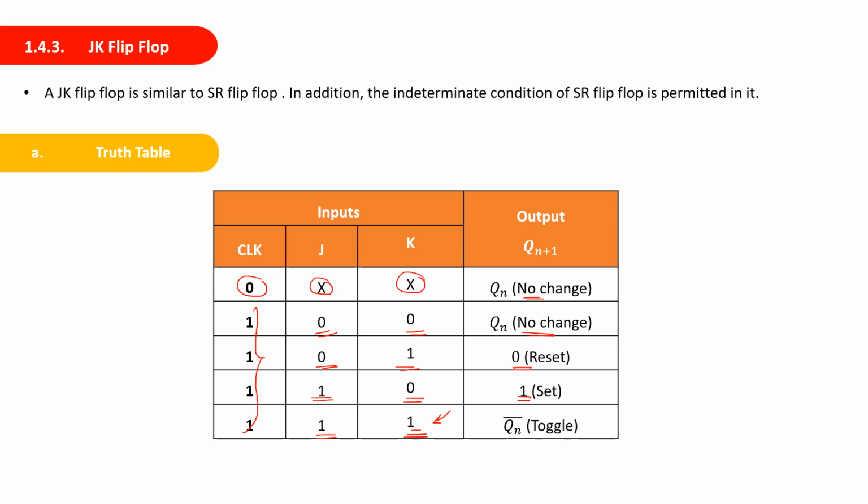So in the JK flip-flop, when both inputs are 1, the condition will be a toggle condition. That means whatever be the previous output, its complement will be the current state. If suppose the previous state is 1, the current state will be 0. Or if the previous state is 0, the current state will be 1. That means you will get a complementary output.